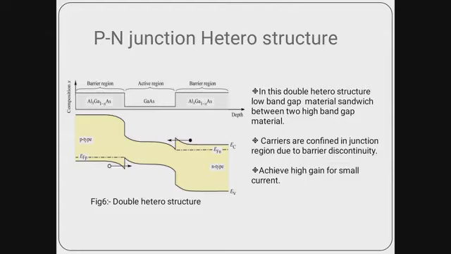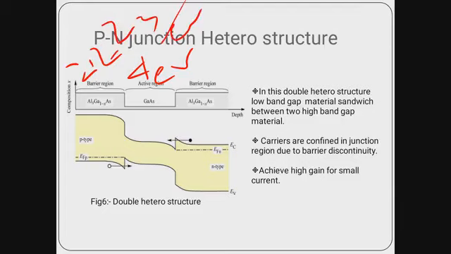In case of gallium arsenide, the electron affinity is 4 electron volt. But in case of aluminum gallium arsenide, it is 2.2 to 2.3 electron volt, thereabout. That is why gallium arsenide is sandwiched in between two compound materials, aluminum gallium arsenides.